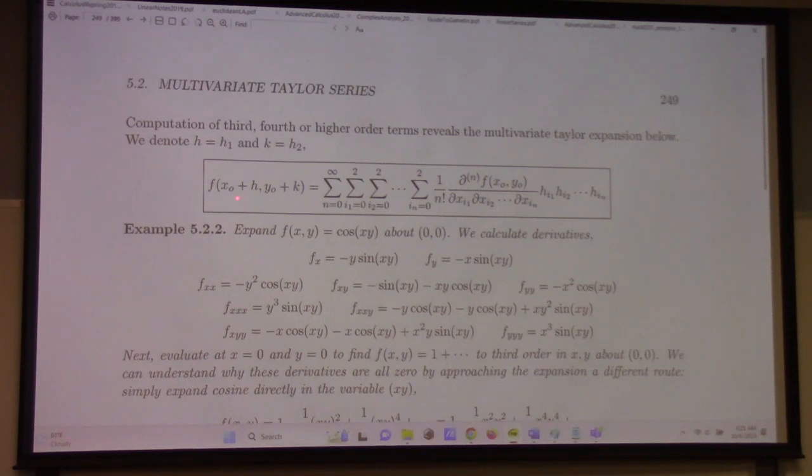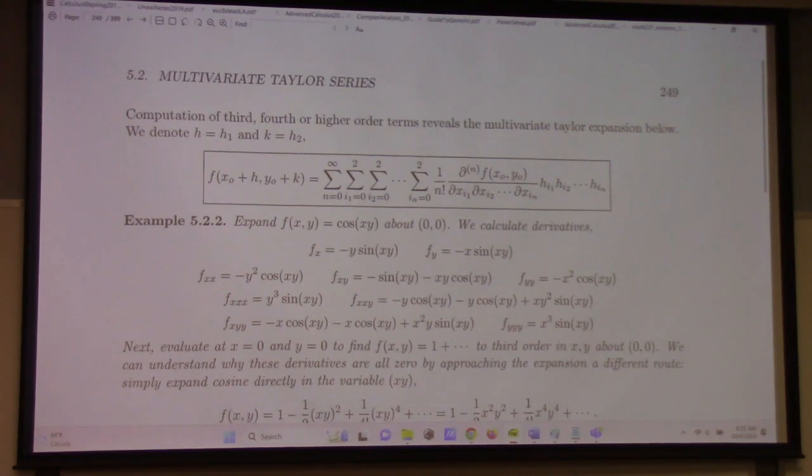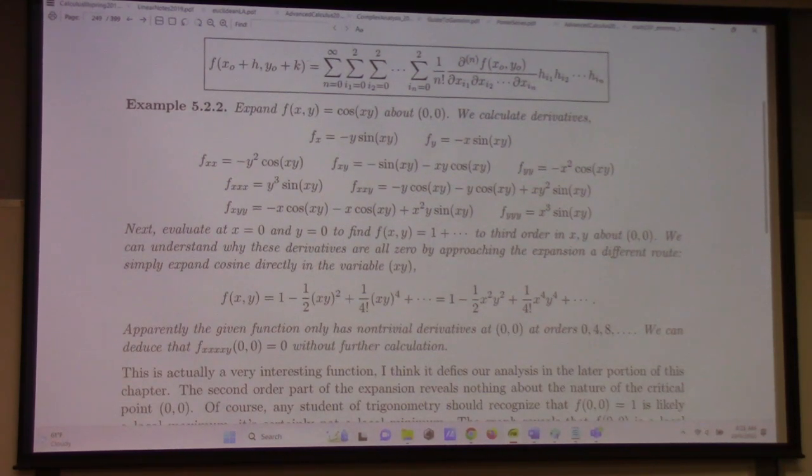So anyway, I mentioned this formula last time. Here's another example, in gory, boring detail, of how to calculate all of those partial derivatives and put it together with this formula. Here out pops the multivariate power series. Now, is all this differentiation pretty dumb?